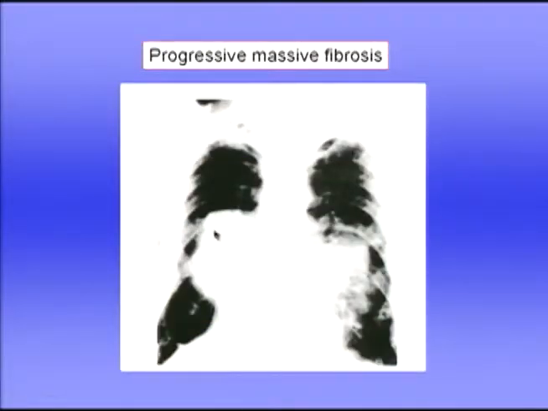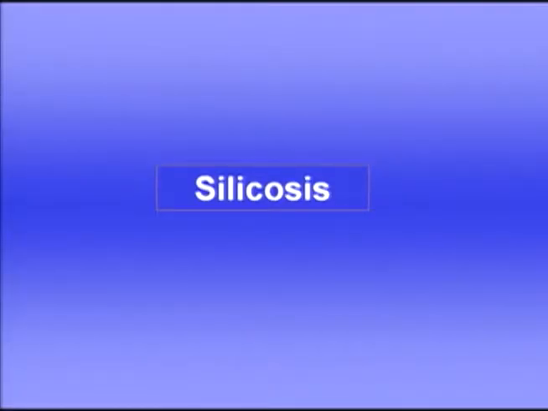Here's an enormous amount of fibrosis around the hilum here, and over-penetrated emphysematous looking lung around it. So progressive massive fibrosis, a very disabling disease indeed, but fortunately occurs only in a minority of coal workers who develop pneumoconiosis. Now let's move to the next pneumoconiosis, and that is silicosis.